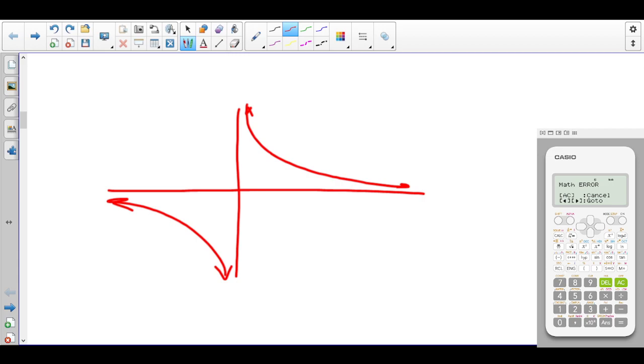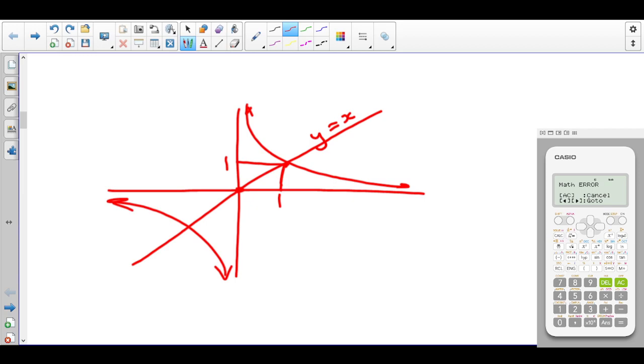So, if you look at this point here, if we draw a line through the center and this point here, you would have noticed that that is not an asymptote, but an axis of symmetry.